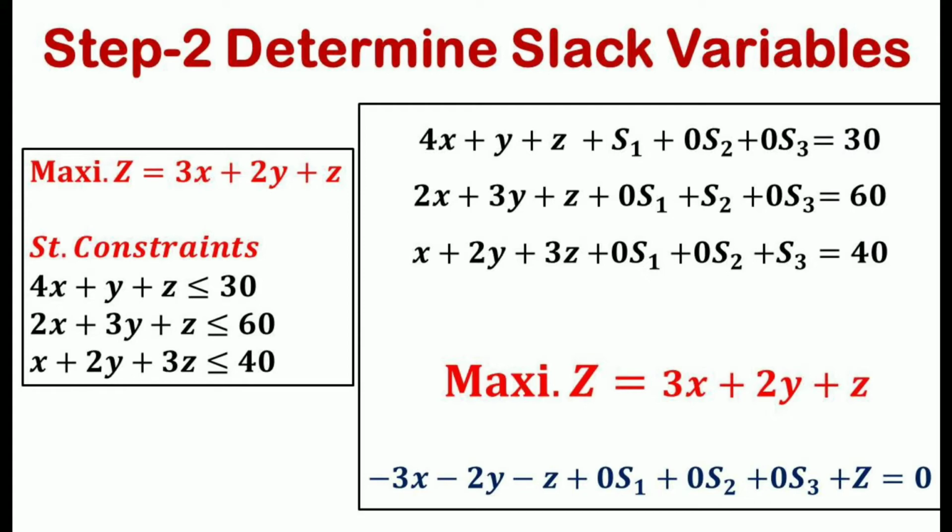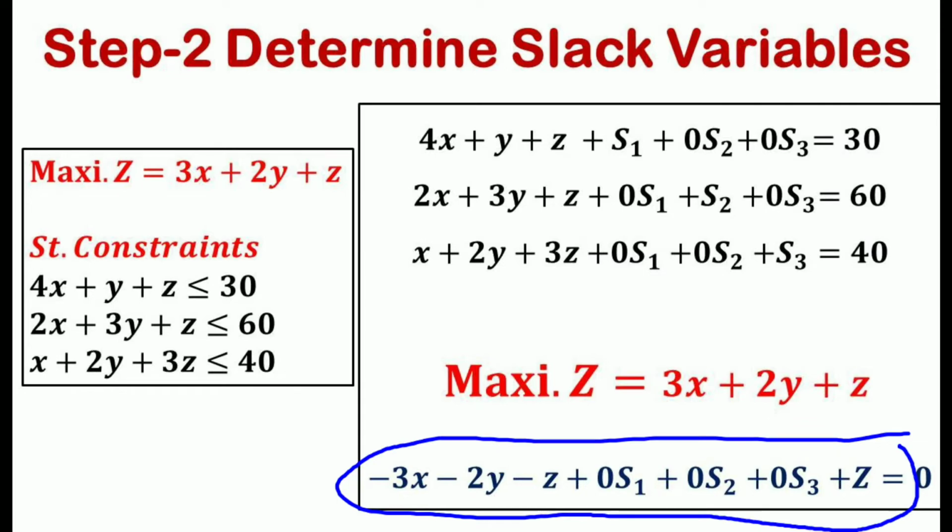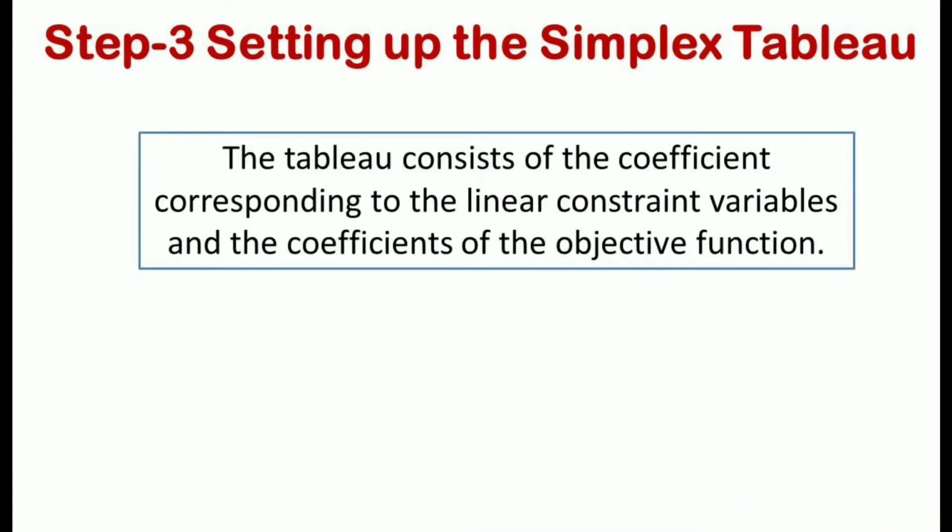And the objective function, maximize Z equal to 3x plus 2y plus z, will become minus 3x minus 2y minus z plus 0 s1 plus 0 s2 plus 0 s3 plus Z is equal to 0.